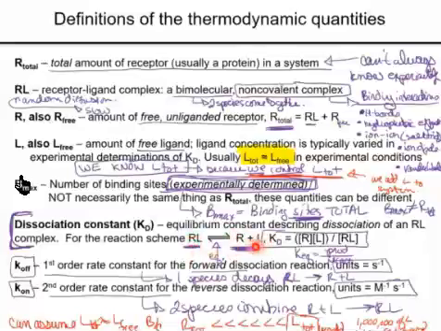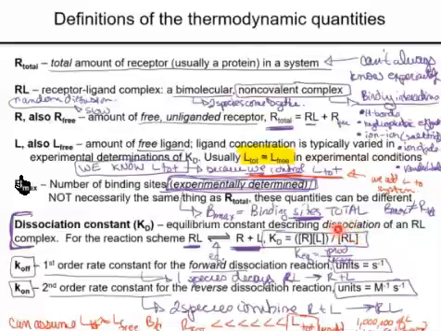And we're really looking at an equilibrium expression. KEQ is always the ratio of products to reactants. So we have the concentration of the receptor times the concentration of the ligand divided by the RL concentration.